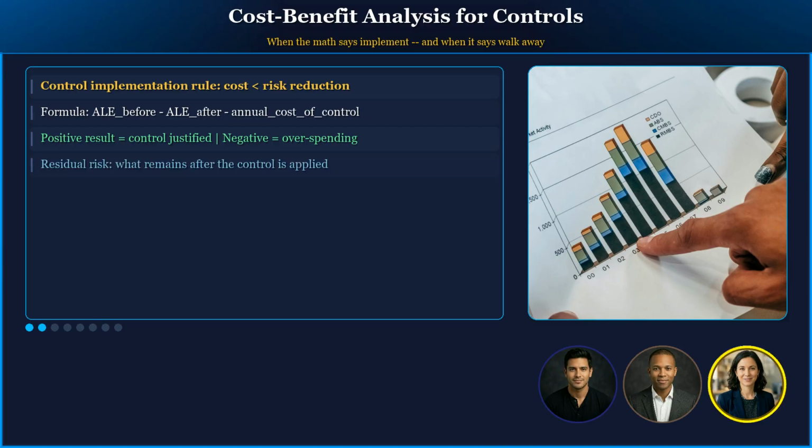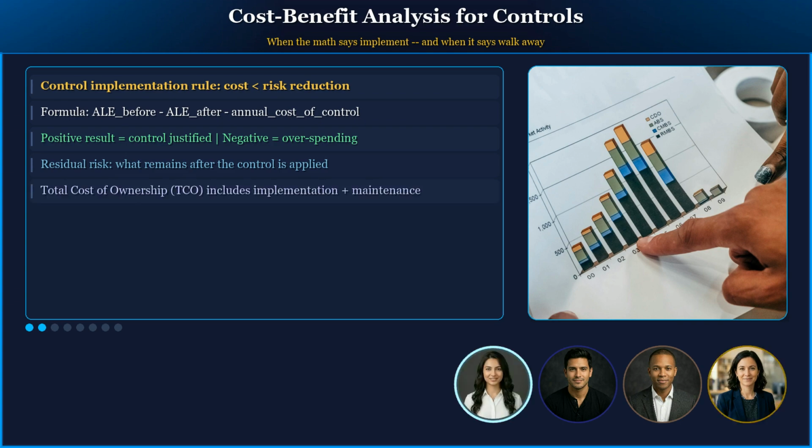Residual risk is the amount of risk that remains after a control is applied. No control eliminates risk entirely. The question is whether the residual risk level is acceptable to management. If the residual risk is acceptable, you document the acceptance decision. If it is not, you layer another control or transfer the remainder through insurance or contract.